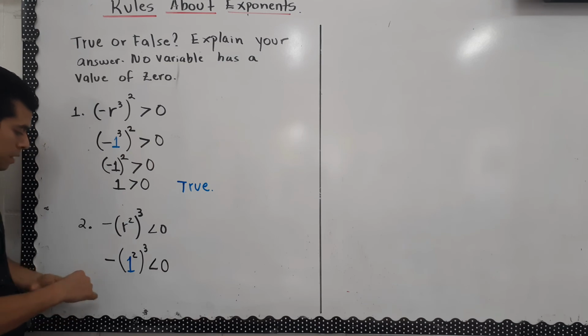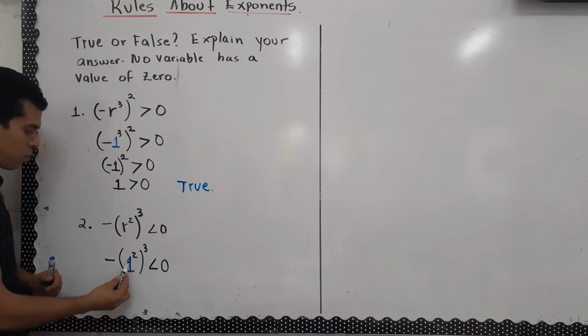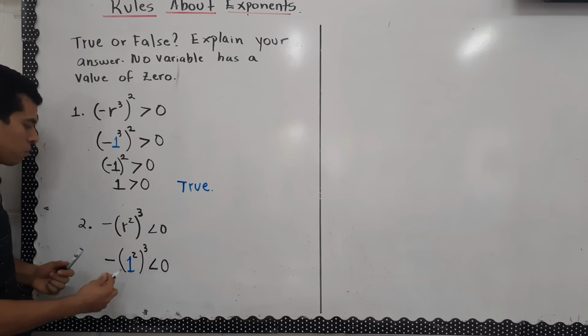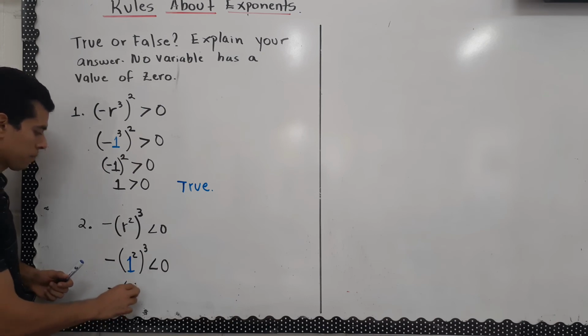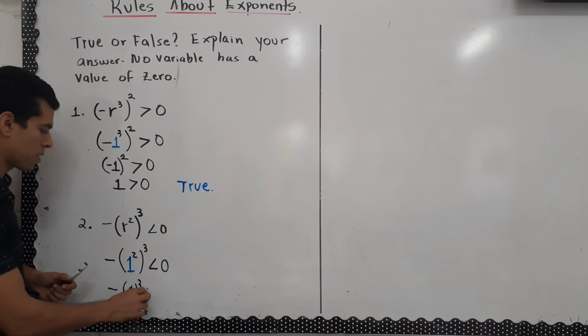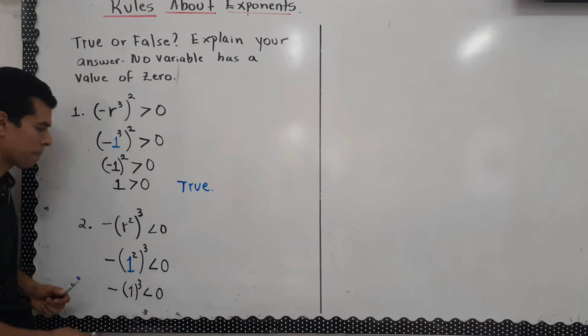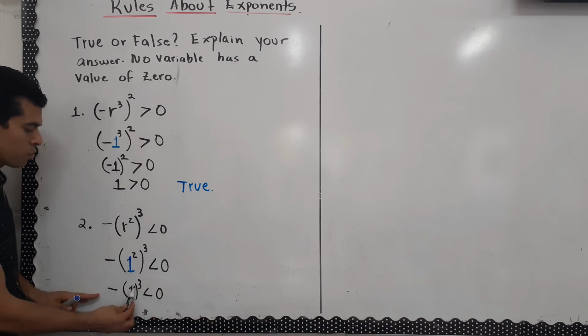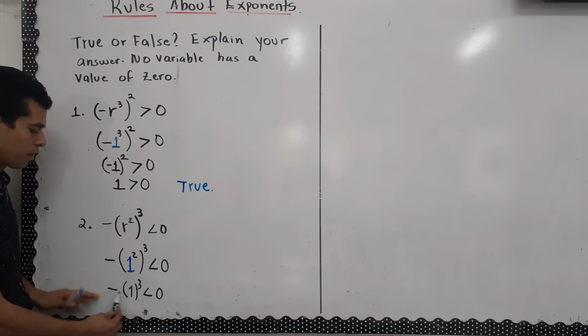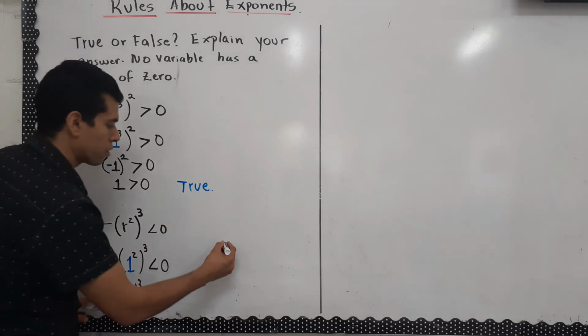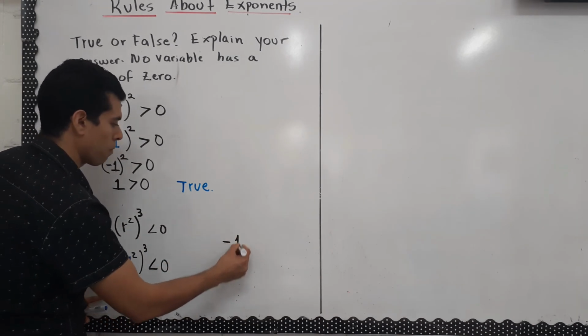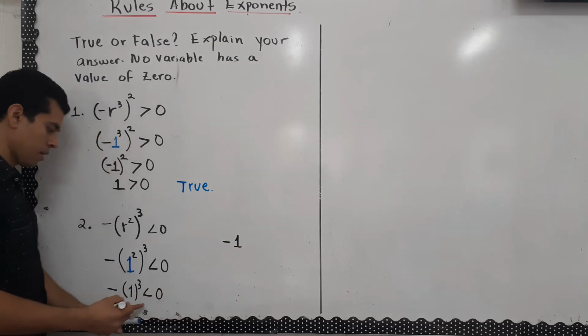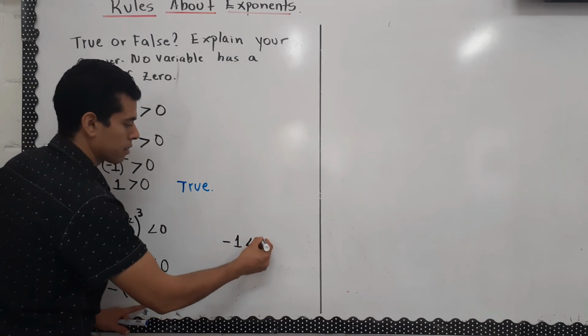So in this case, we copy the minus 1 and we evaluate this. 1 to the 2 is 1 times 1. It's going to be 1 elevated to the third power, less than 0. So if you solve 1 to the third power, it's going to be 1. And this minus sign, we are going to copy it. So it's going to be negative 1 less than 0.